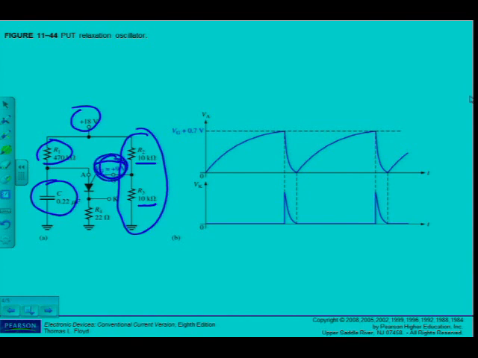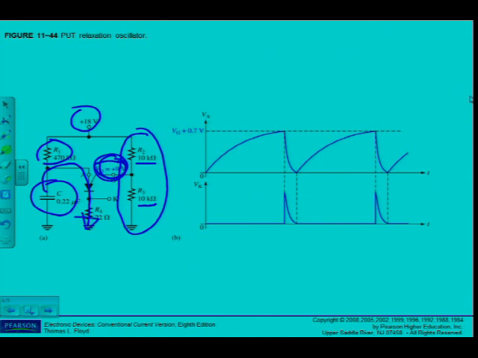That was the programmable part, the programmed part. I can change that voltage by changing the values of my voltage divider, of course. Plus the 0.7 volts, then the PUT turns on and the capacitor rapidly discharges through the low on resistance of the PUT and R4. So I can see it will discharge through there.